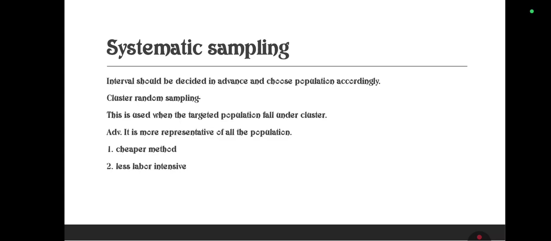There is also cluster random sampling, which is used when the target population falls into natural clusters that might affect the result of your study if each cluster is not adequately represented. So this is your chance to select the clusters adequately.